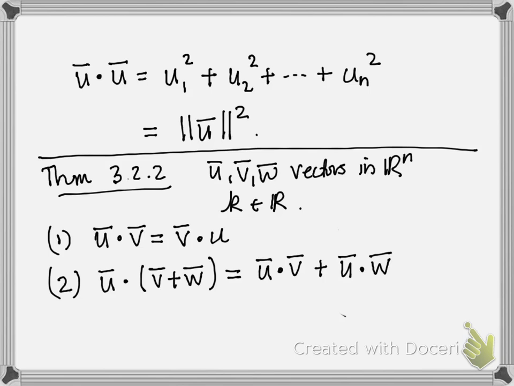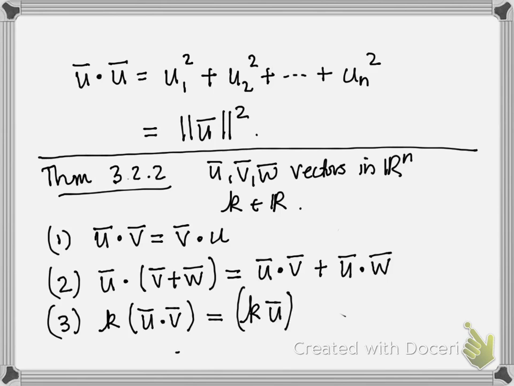Also, if you take a scalar times u dot v, right, so this is just multiplication of two scalars because k is a scalar and u dot v is a scalar, this associates like this: k times the vector u dotted with v. And finally, I'm going to have to go to a new page.